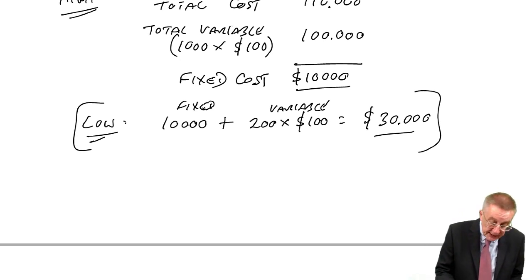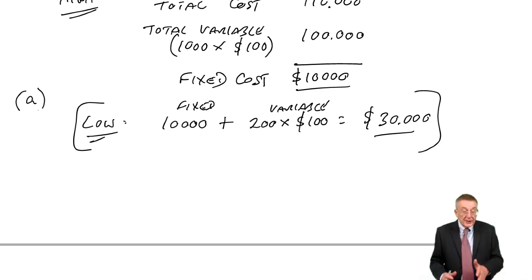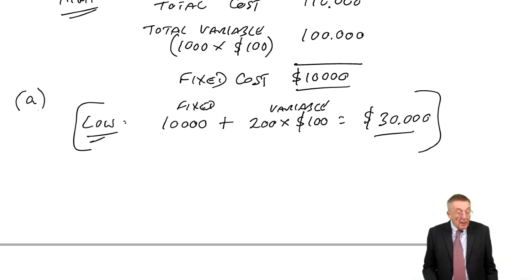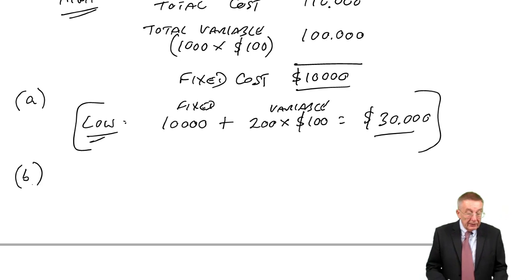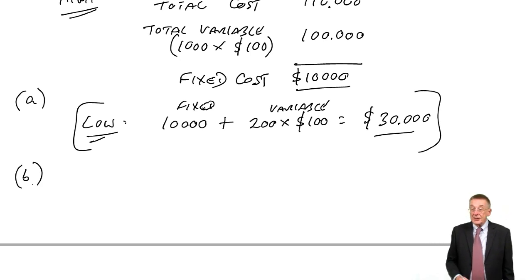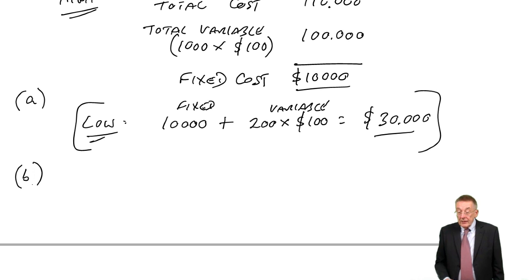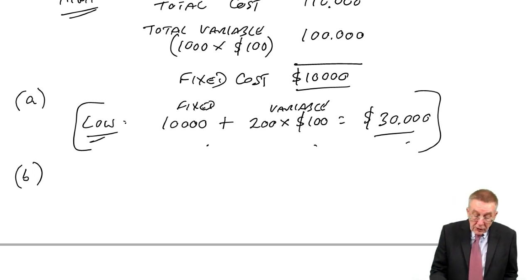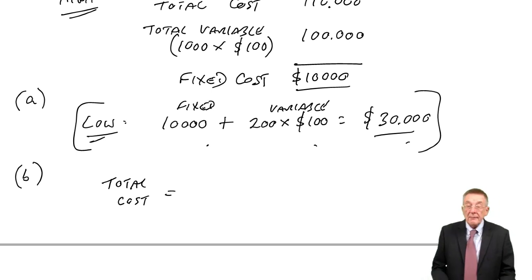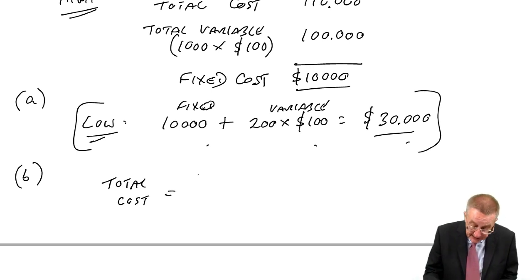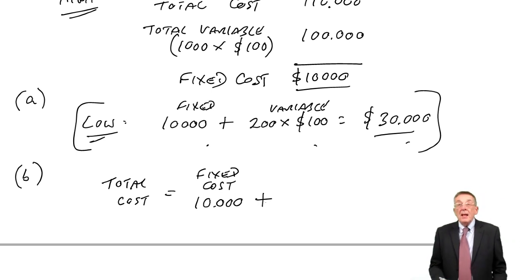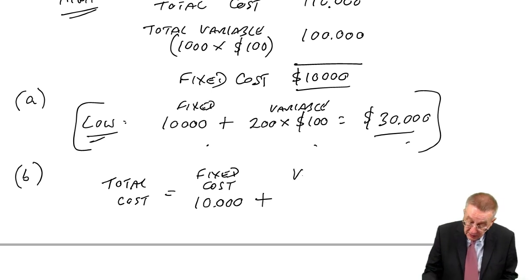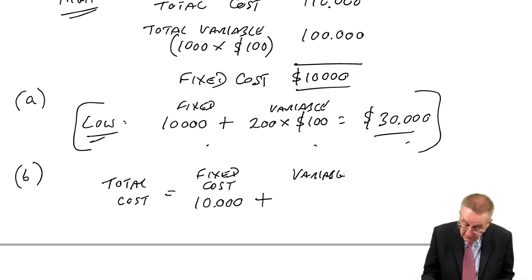The question itself said A, what are the fixed and variable elements? Well, we've done it. It also said describe the relationship in the form of a linear equation. Well, all it's doing is what I did there, that whatever happens, the total cost will be equal to the fixed cost, which for ours is 10,000, plus a variable cost.